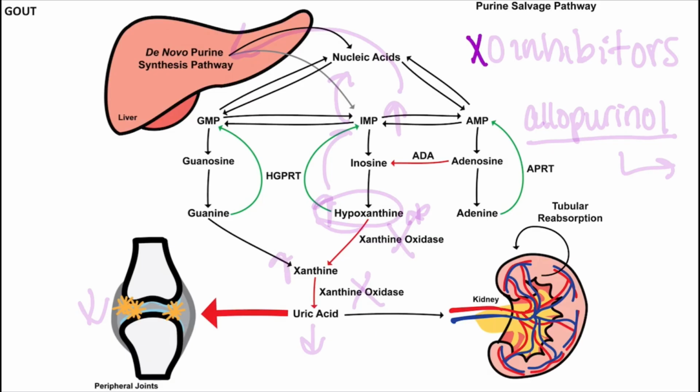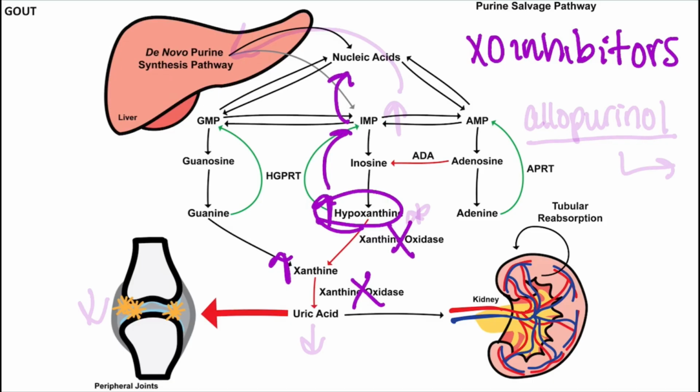So our xanthine oxidase inhibitors, being either allopurinol or febuxostat, are our first-line agents for the prevention of gout. And they act by preventing this conversion of hypoxanthine to xanthine and xanthine to uric acid by inhibiting this enzyme. This backup of hypoxanthine and xanthine promotes their utilization for nucleotide and nucleic acid synthesis, resulting in increased nucleotide concentrations.